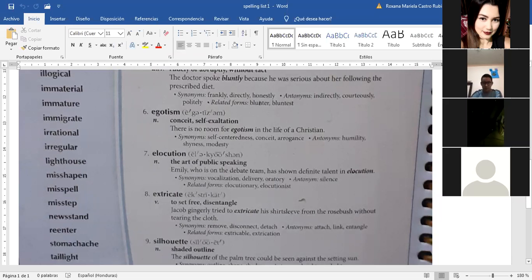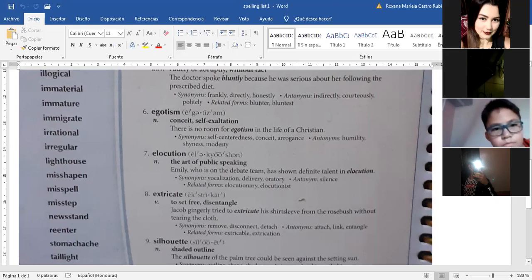Now the number 8, extricate, extricate. What is extricate? What part of speech? It is a verb. And the definition says to set free or disentangle. Okay, it is like taking something out, putting something free. The sentence says, Jacob gingerly tried to extricate his shirt sleeve from the rosebush without tearing the cloth.